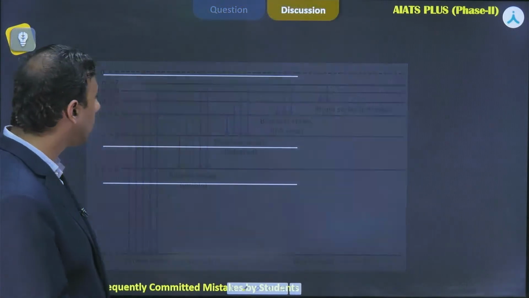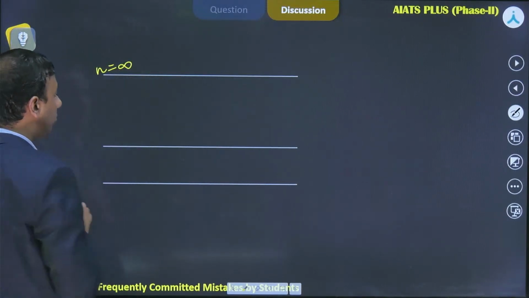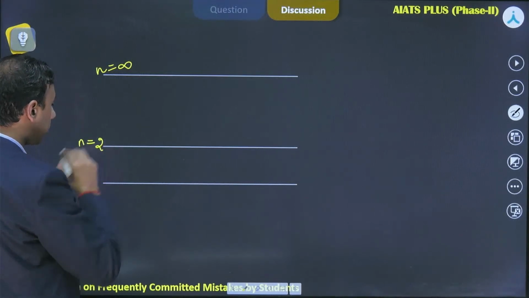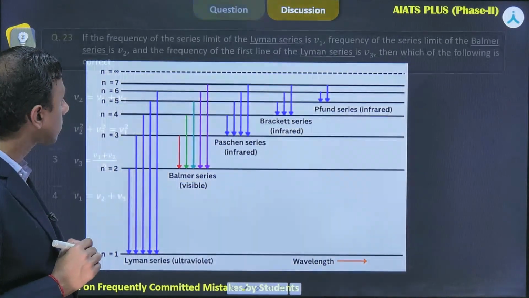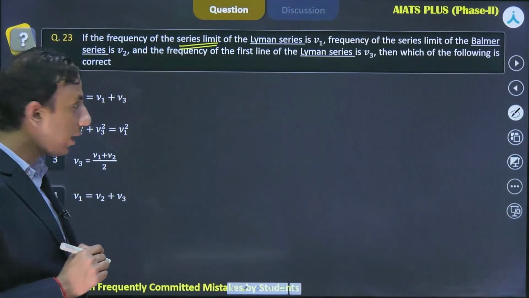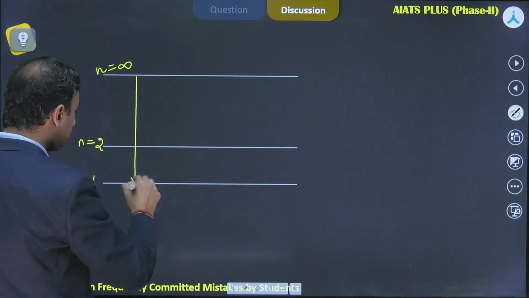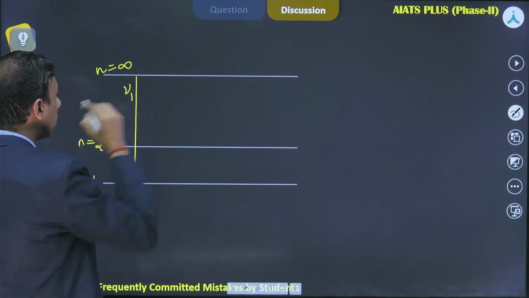If you want, we can draw it in a separate diagram. Let's say this one is n equal to infinity, this is n equal to 1, and this is n equal to 2. The series limit for Lyman series is given as nu 1, which means for this jump from infinity to 1, the frequency associated is nu 1.